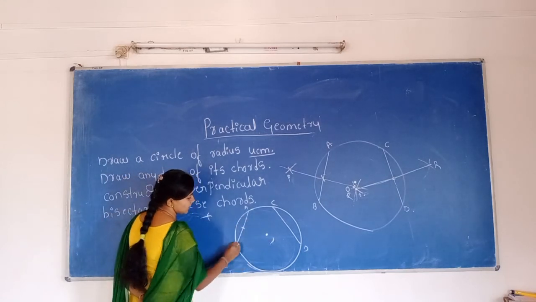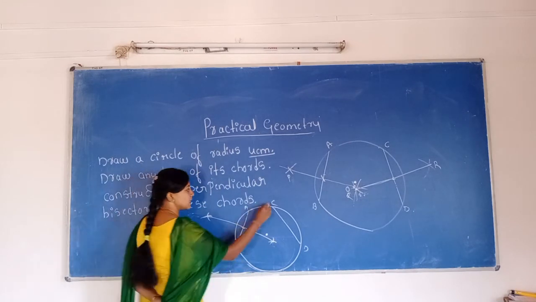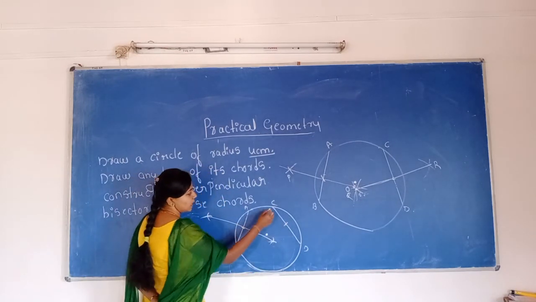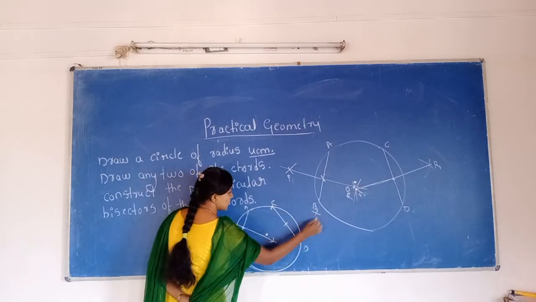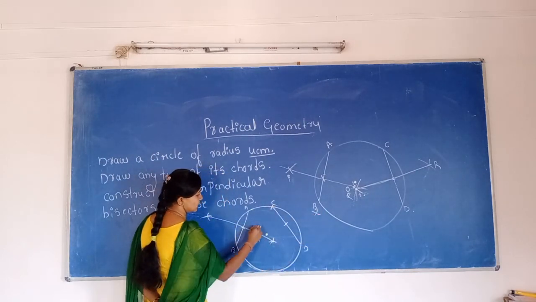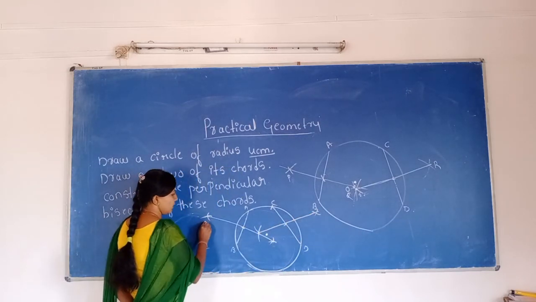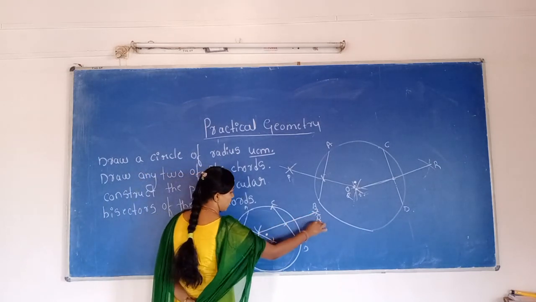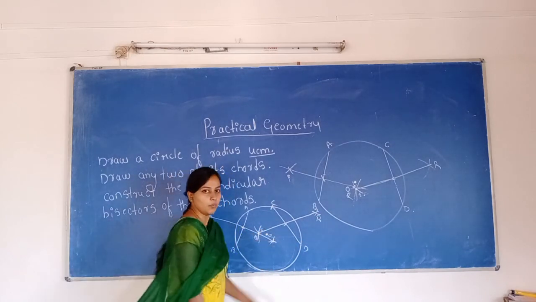Again from the A side and from B side you have to join this. And take same CD and center point. Again take more than half, cut from C side and from the D side. Again from the D side and the C side. You have to join this one. And name it as P, Q, R and the center point. Is it clear?